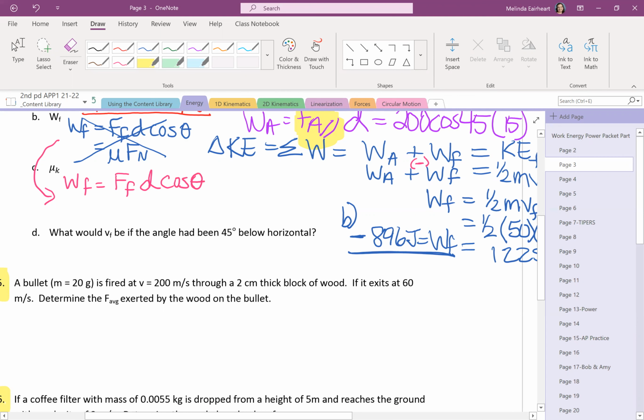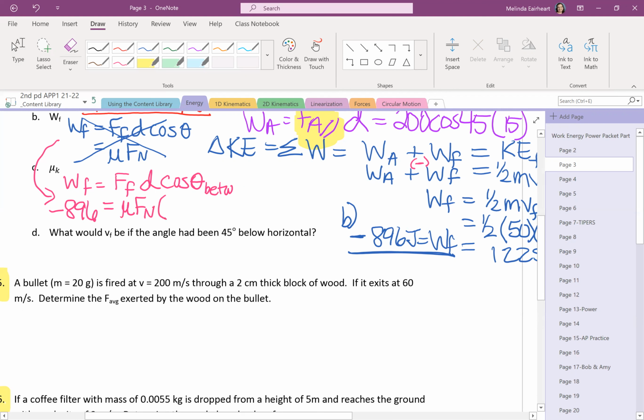Remember, that's the angle between the force of friction and the distance. Don't start thinking, oh, they said 45 degrees, every force is 45 degrees. No. That's why diagrams help. And so we know the work of friction is that negative 896 joules. Force of friction, we don't know, and you can either solve for that, or we know it's equal to that mu k times Fn.